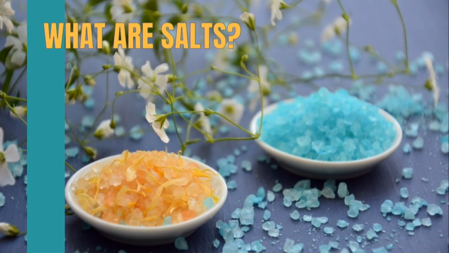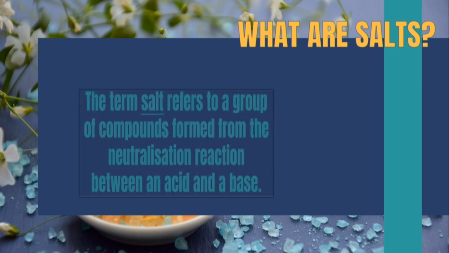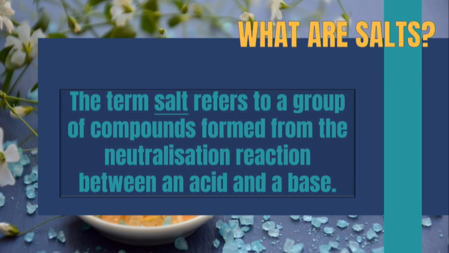So, what are salts? Salts are said to be acid derivatives. This means that salts can be obtained from acids. In general, the term salt refers to a group of compounds formed from the neutralization reaction between an acid and a base.